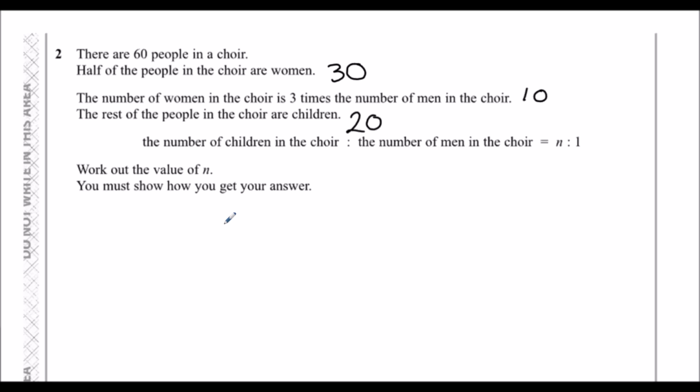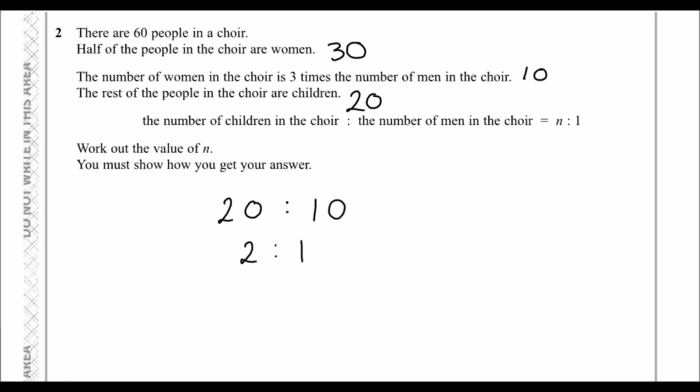So there are 20 children and 10 men. And we need to write that in the form n to 1. So if we divide both by 10, we've got 2 to 1. So n is 2.